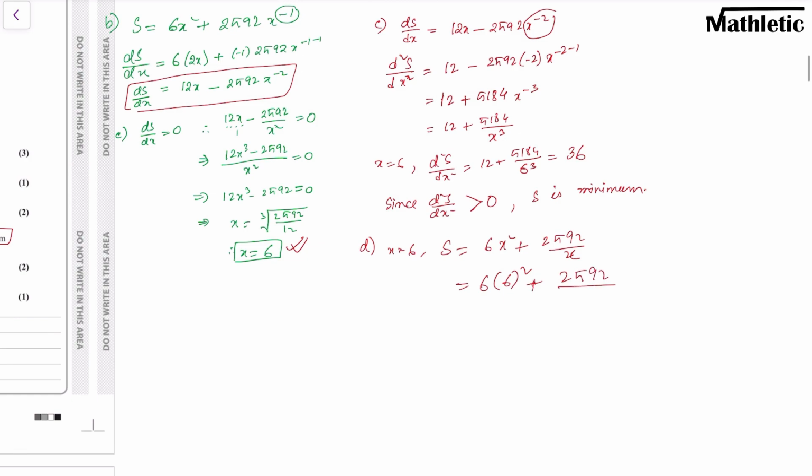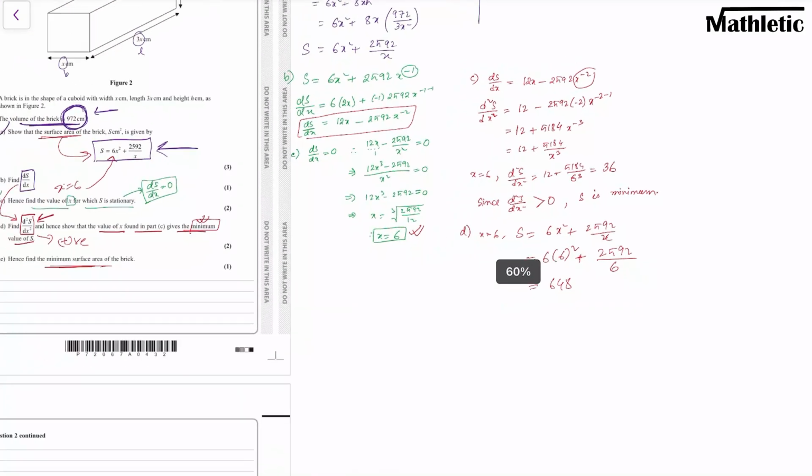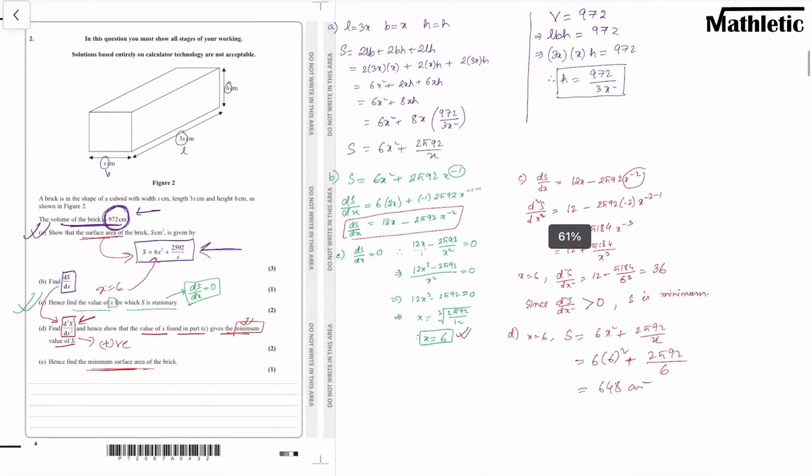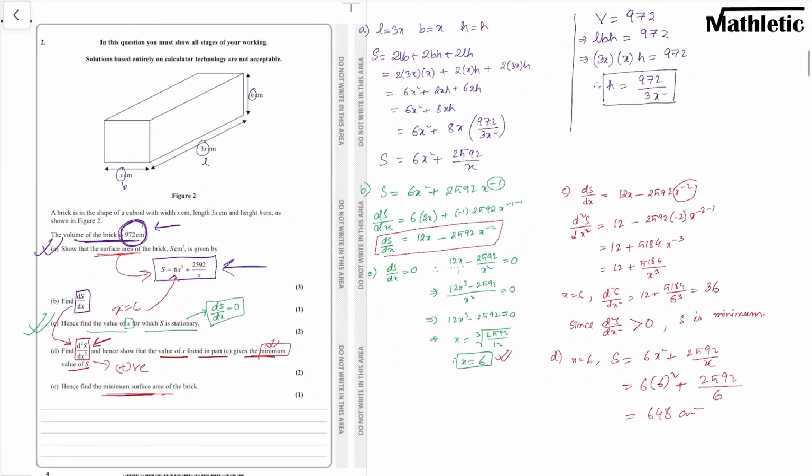I have just substituted the value of 6 here. So the answer is 648 centimeters squared. So that's the solution of number 2.